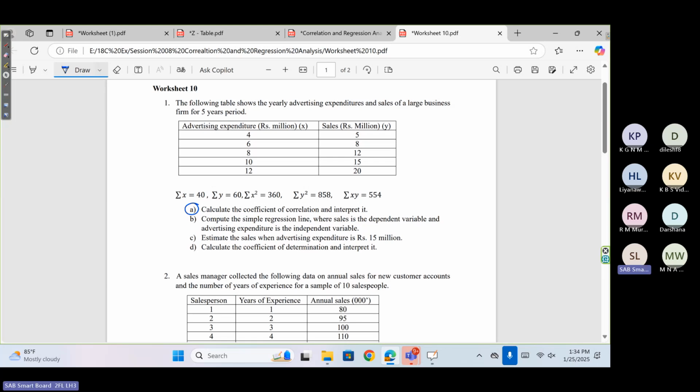This is the structure in your exam questions. Normally I will give the data set and provide you all the summary values: what is the sigma x, what is the sigma y? No need to calculate. Then hurry up, find the R value and write the interpretation.